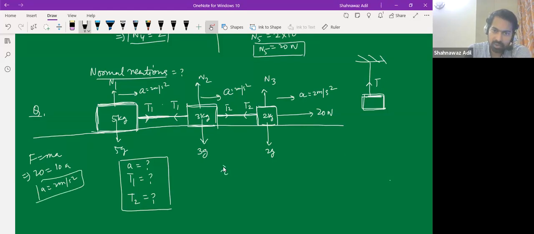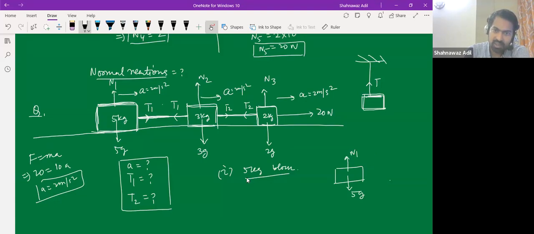Now for the 5 kg block. As you guys have already drawn the free body diagram, this is 5g and this is N. So we are not considering the y direction equation.